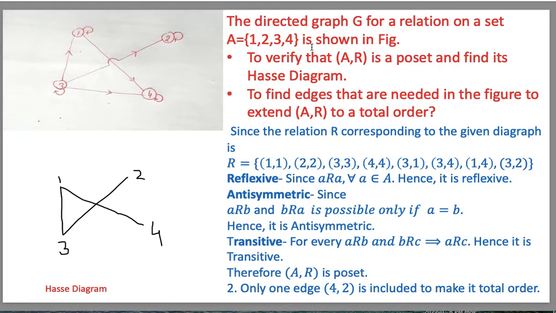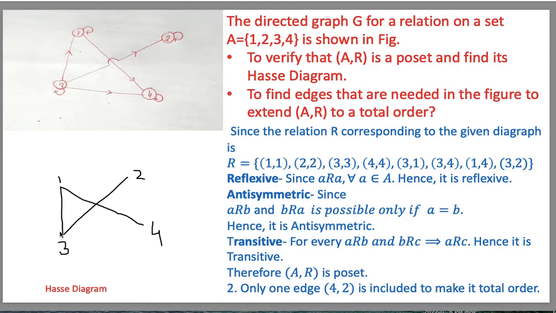Now we will draw the Hasse diagram. We need to draw the Hasse diagram for this. The first element is 1. We write 1 here. The next element is 2. We see that 1 and 2 are not related anywhere. It means we will write 2 here. The next element is 3. Here we see that 3 is related to 1.